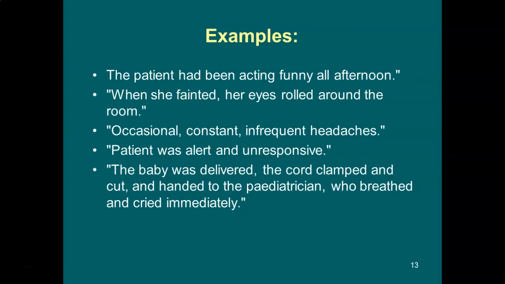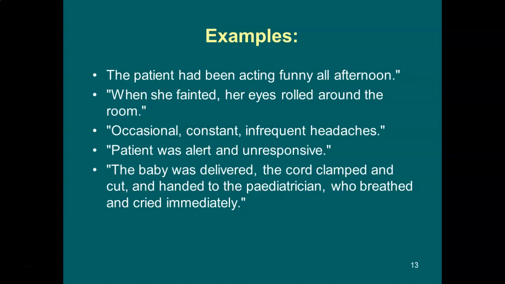These are some examples of sentences that have actually been found in nursing documentation. Have a think about these and see what you think. The patient had been acting funny all afternoon. When she fainted, her eyes rolled around the room. Occasional constant infrequent headaches.